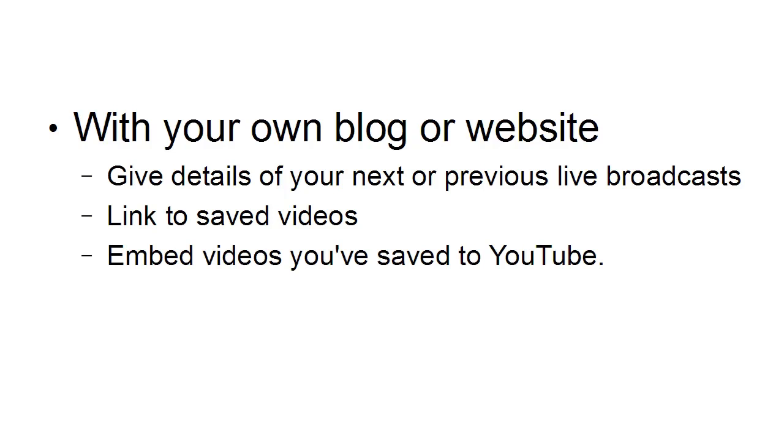And you can embed videos that you've saved to YouTube, and people can go and watch them, and then they'll know, like I was just saying, what your Facebook Live link is, and they'll know how to sign up and watch your next videos live. So you can use your YouTube videos as a trailer to get people to watch your next Facebook Live sessions.